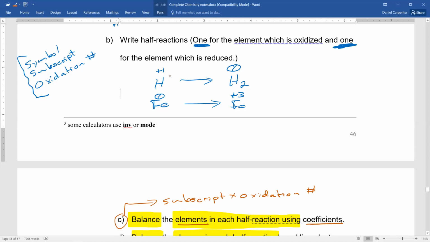So it's understood 1 times 1 means there is 1 hydrogen on the left. No, I'm sorry, I'm ahead of myself.